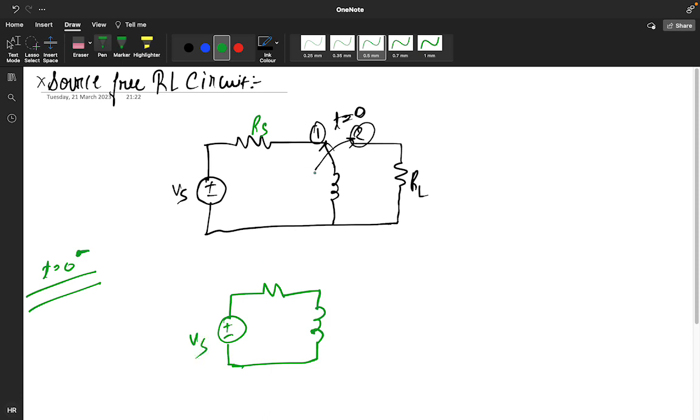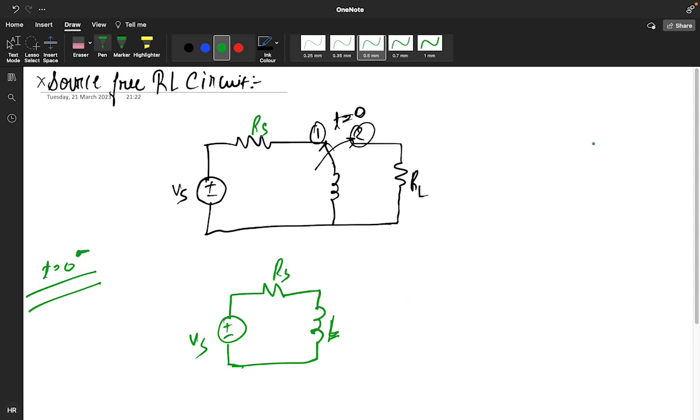V of S at t equals 0 minus. Before coming to position 2, the circuit was like this only, right? R S, and this was my inductor L. So before we bring the switch from this point to this point, my circuit was like this.